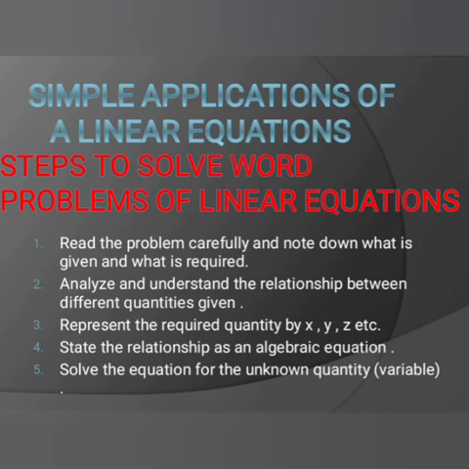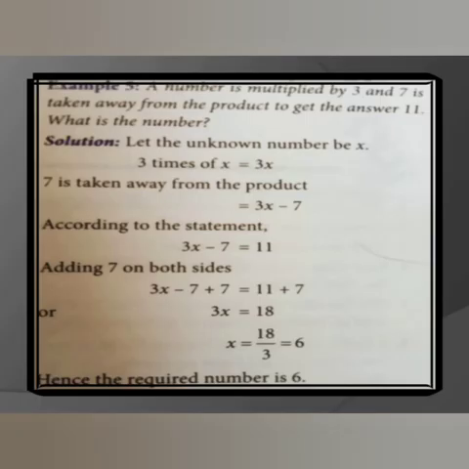Let us understand this application using one example. A number is multiplied by 3 and 7 is taken away from the product to get the answer 11. What is the number? Let us take the unknown number to be x. So 3 times x is equal to 3x and 7 is taken away from the product. So 3x minus 7. So according to the statement, 3x minus 7 is equal to 11. This will be the equation.